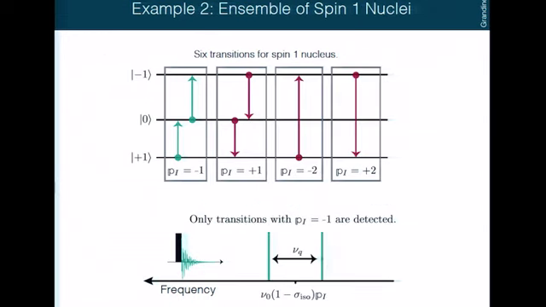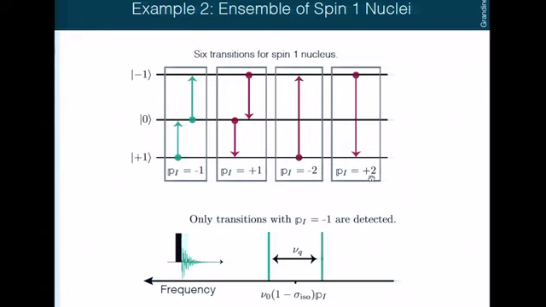Now, if I had a spin 1, there's three levels, plus 1, 0, and minus 1. And there are only two transitions that we can observe, but you can see now there are four transitions. So there's not only the p plus 1 transitions, but there's also two double quantum transitions with p of minus 2 and p of plus 2.